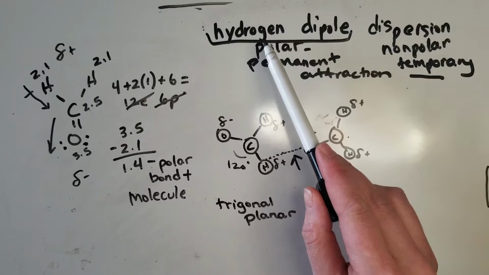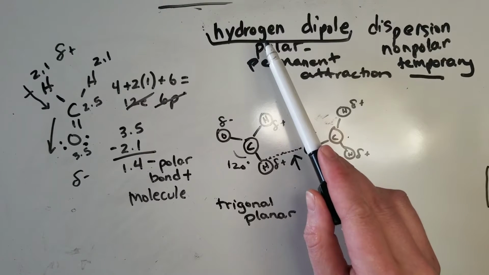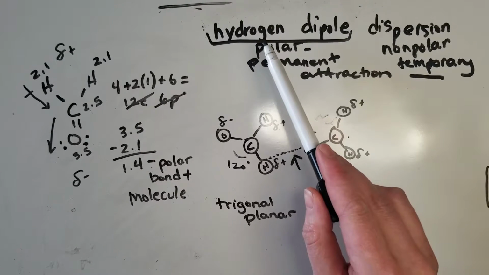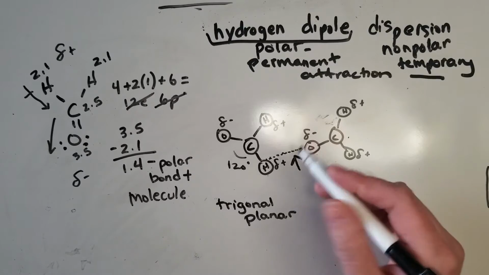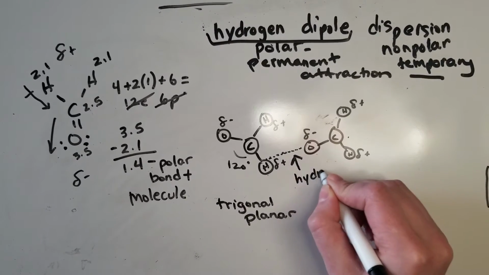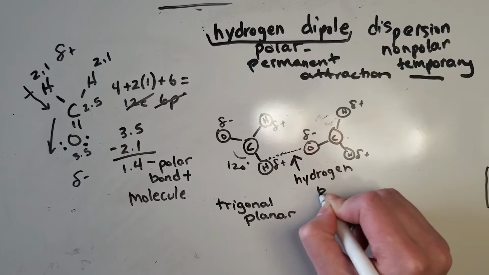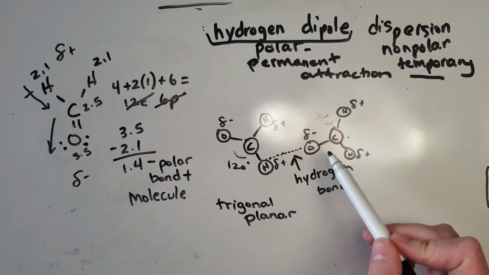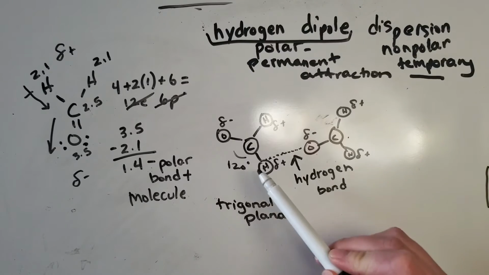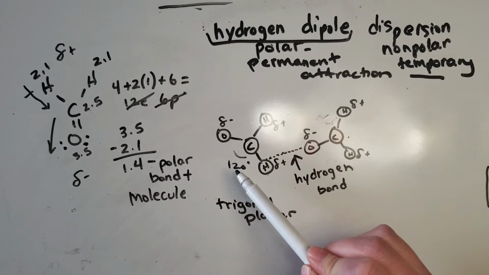Hydrogen and chlorine, hydrogen and nitrogen, and hydrogen and oxygen and hydrogen and fluorine. And so you can see that these two are hydrogen and oxygen, and so that actually counts as a hydrogen bond. So that is the force that holds this molecule of formaldehyde with this molecule of formaldehyde.